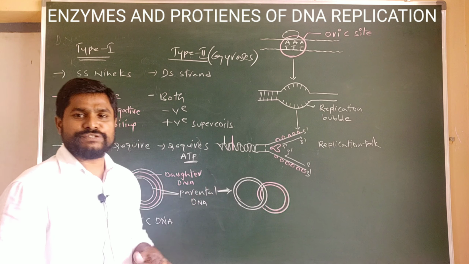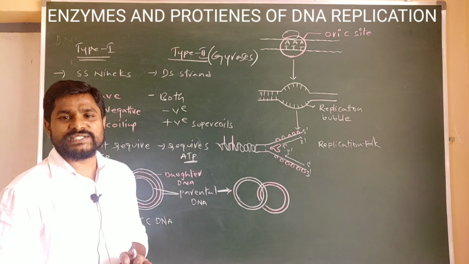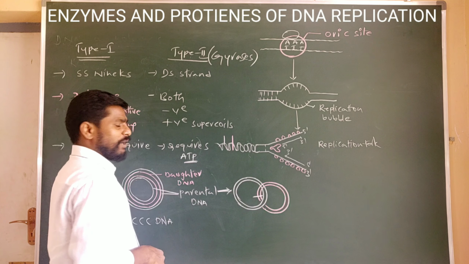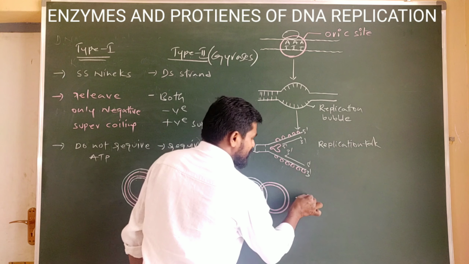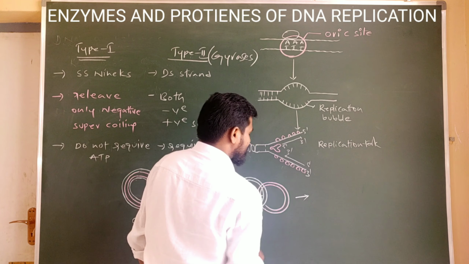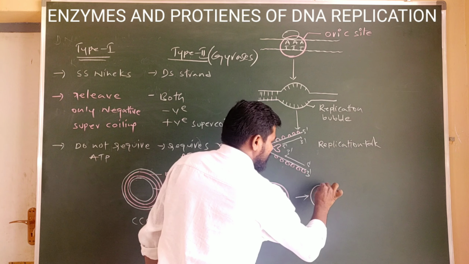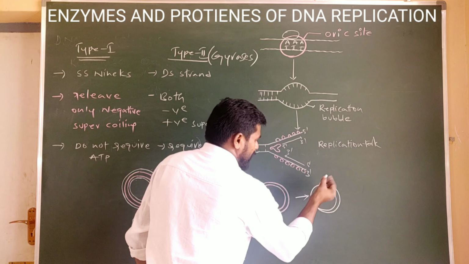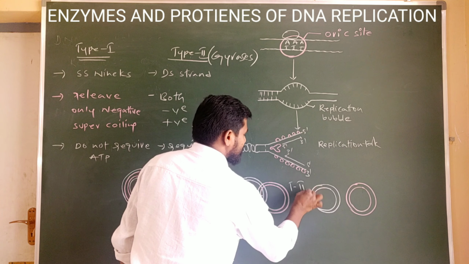In these situations, the type 2 topoisomerases or gyrases come into action, which cleave the two strands of a DNA molecule, thereby they remove the interlocks, nothing but they separate the parental DNA and daughter DNA like this. This is the parental DNA and this is the daughter DNA after the removal of interlock by the action of type 2 topoisomerases.